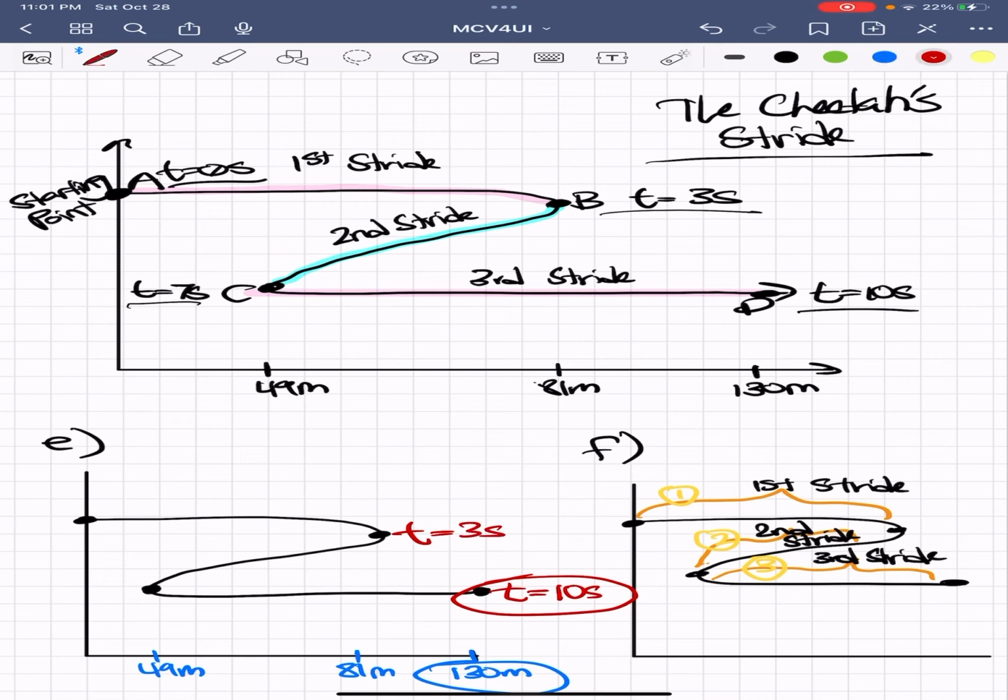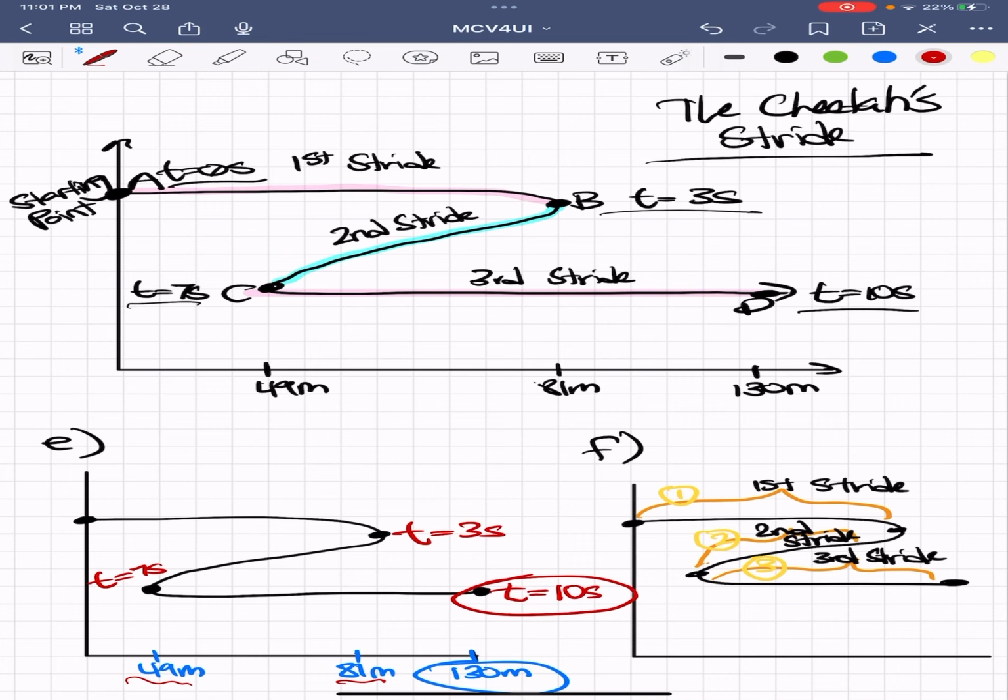So this is t equals 3 seconds, t equals 7 seconds, and then we have the distances at t equals 3 seconds, and t equals 7 seconds, and we have the distance for that.